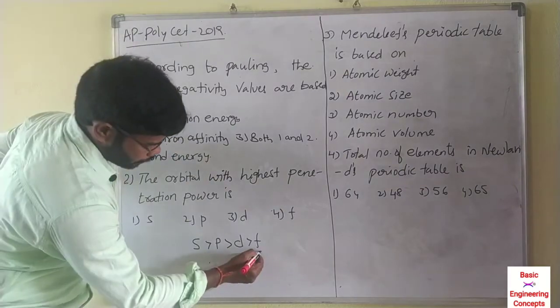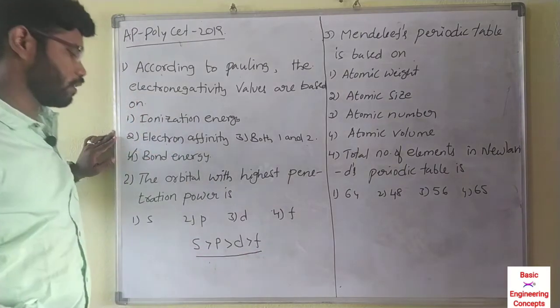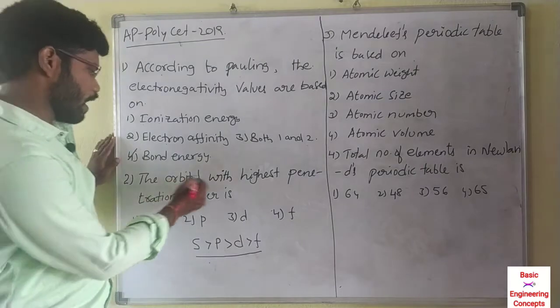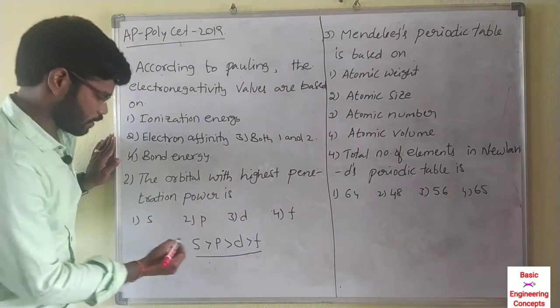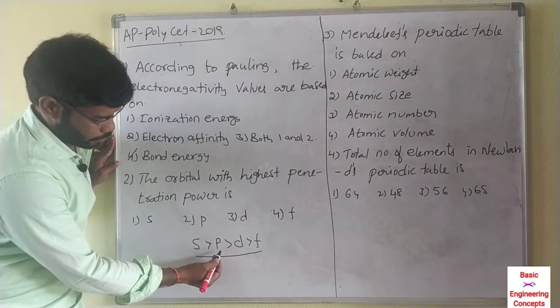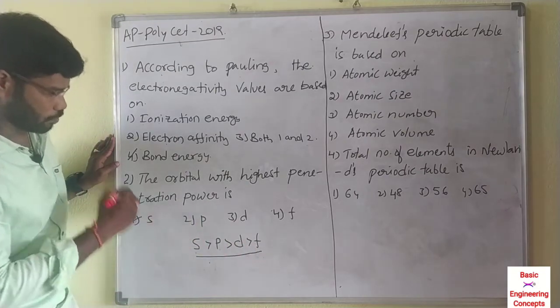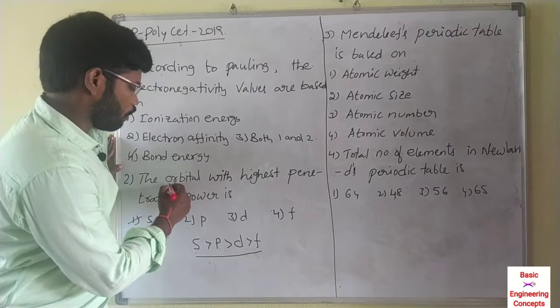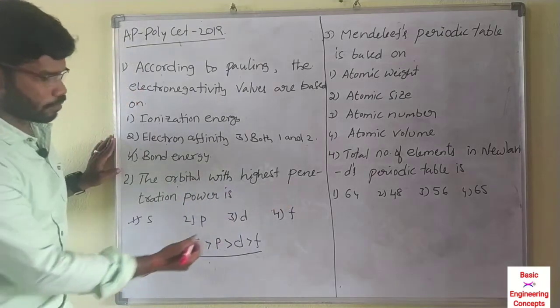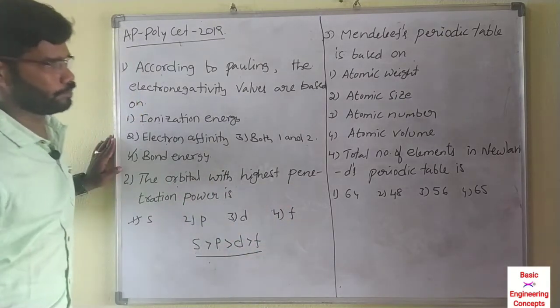So the highest penetration power is the s orbital, then p, d, f. So our option is s orbital. If the question asks for the orbital with the lowest penetration power, then it will be the f orbital.